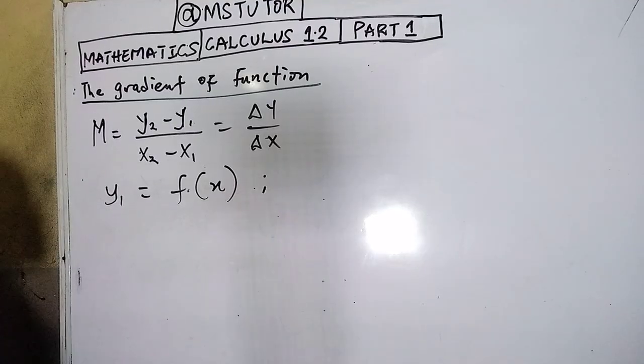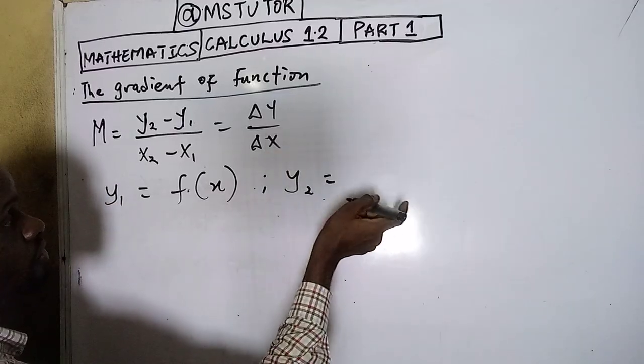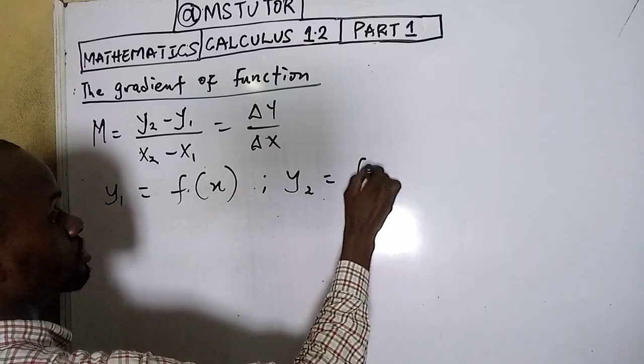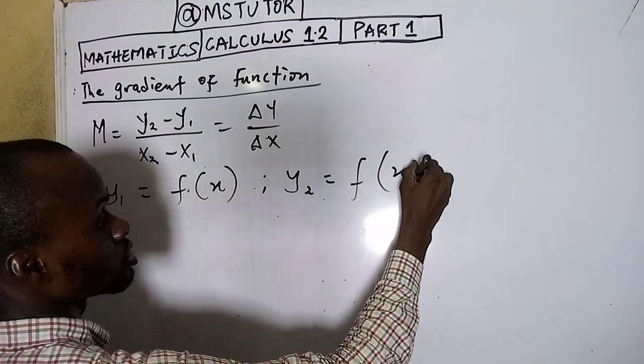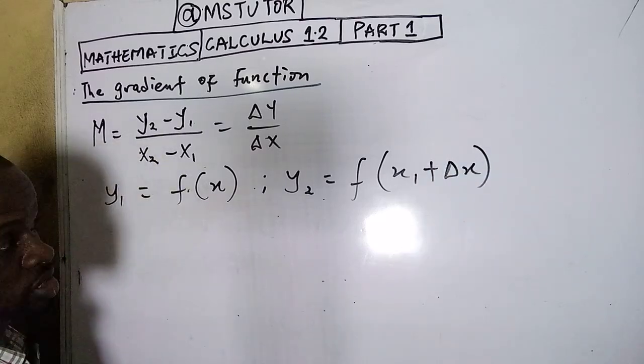Therefore, in this case, the second value of y, which is the one we have here, will obviously be f of x1 plus change in x.